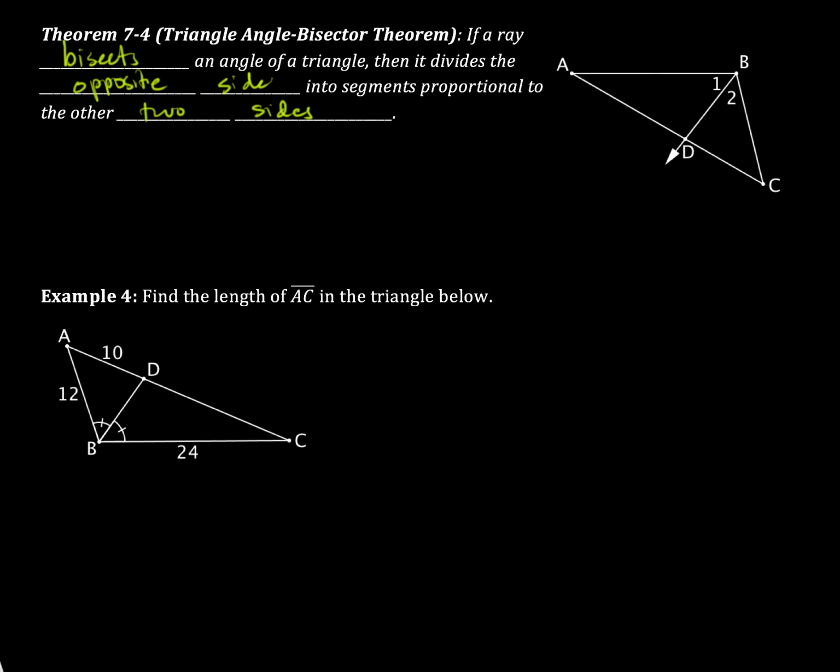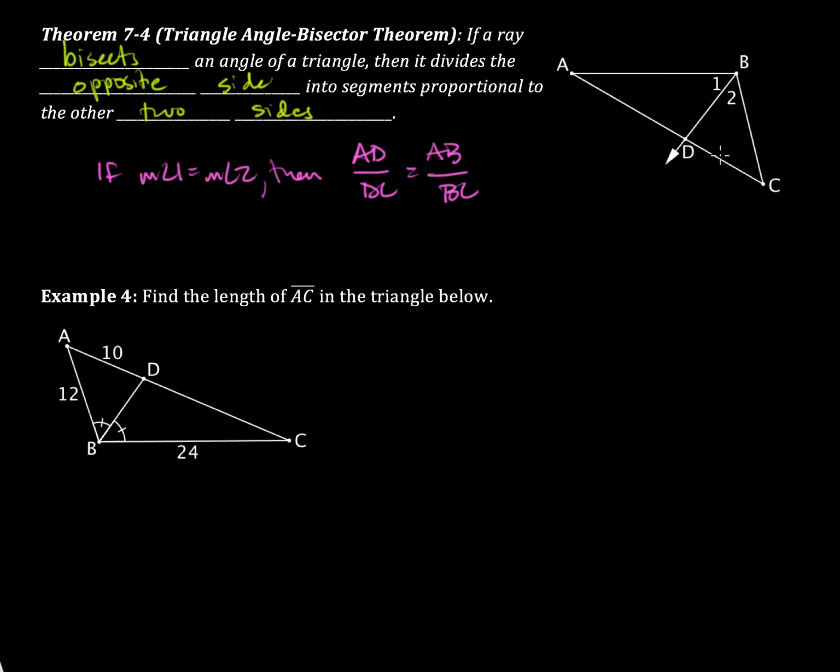Or in other words, if I look at this diagram, if the measure of angle 1 equals the measure of angle 2, in other words, angle ABC has been bisected, angle 1 and angle 2 are equal, then I have segment AD and DC that are proportional to AB and BC. Or in other words, if I'd say AD over DC, it would equal AB over BC.